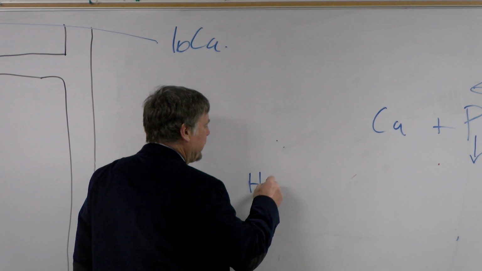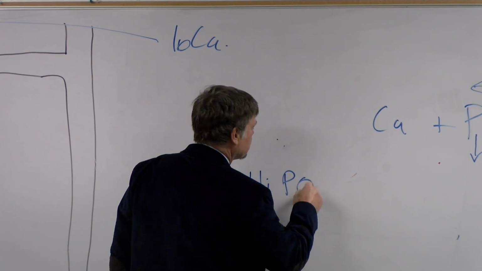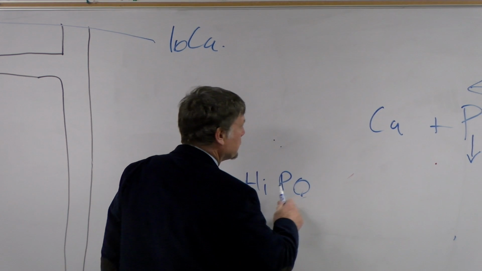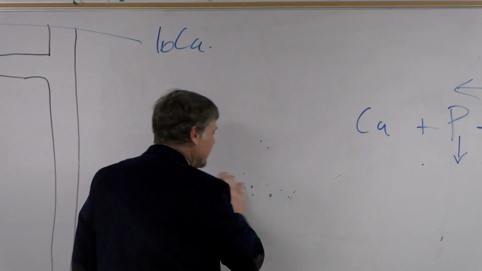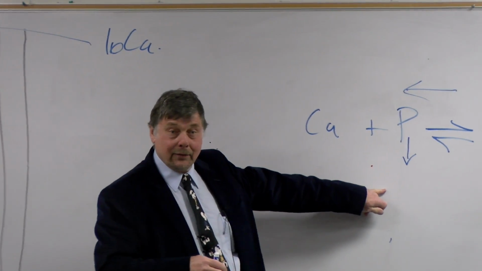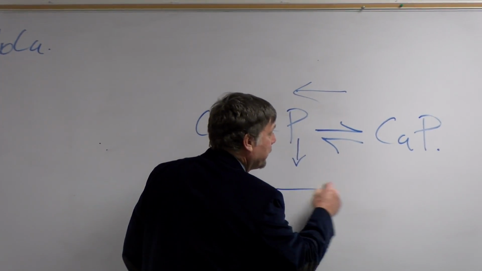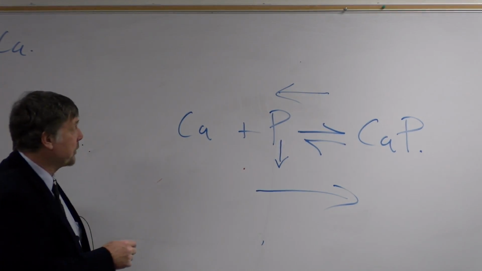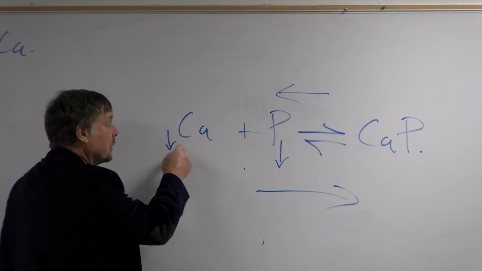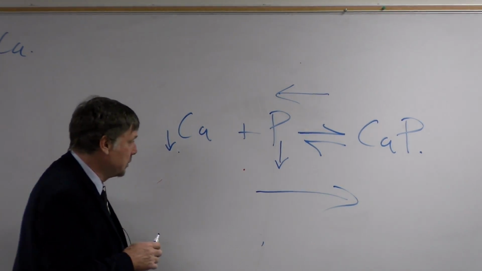High phosphate, well, kind of works in reverse too. If the phosphate levels go up, then the reaction will go in this direction, and that will go down and you'd stimulate parathyroid hormone.